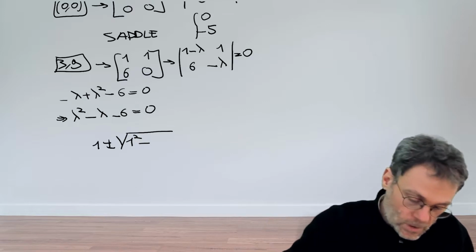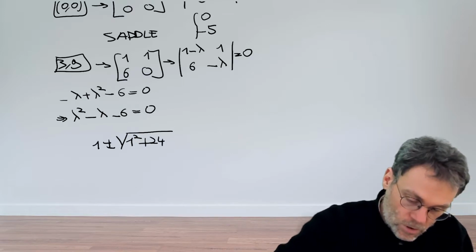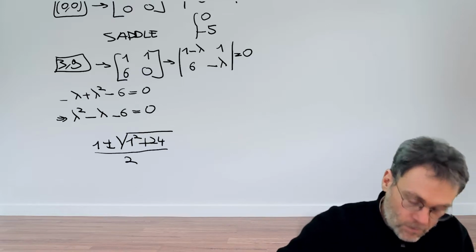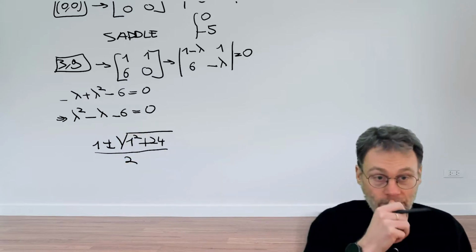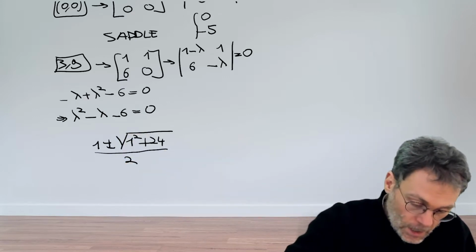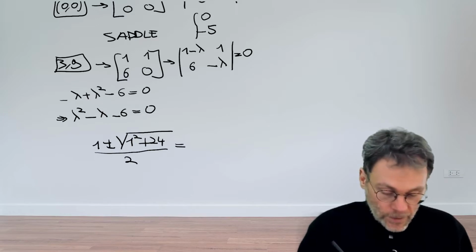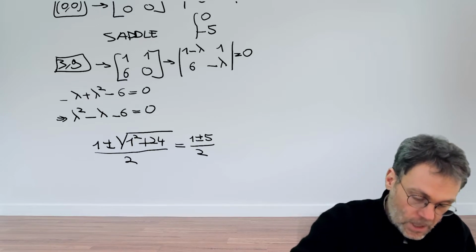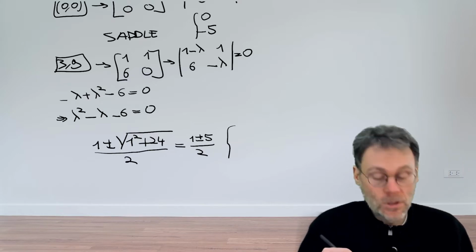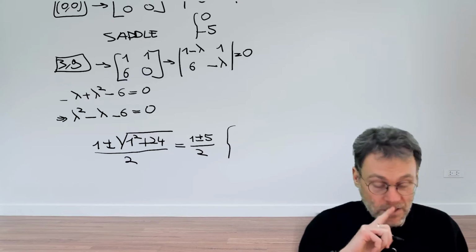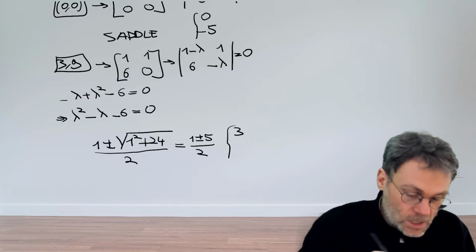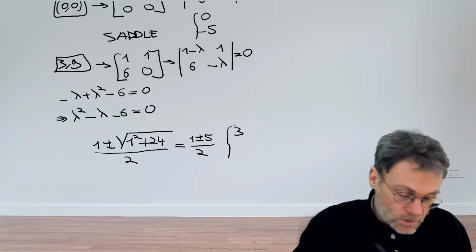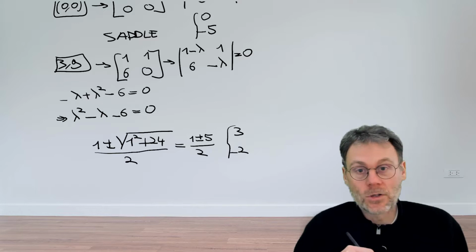So that's going to give us plus 24, and then dividing the whole thing by twice the coefficient of lambda squared. 25, of course, gives us 5 squared, so this is 1 plus or minus 5 divided by 2, and then the solutions here are 1 plus 5 is 6, divided by 2 is 3, and 1 minus 5 is minus 4, so this gives us minus 2.